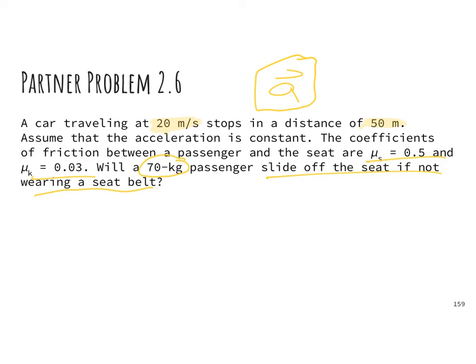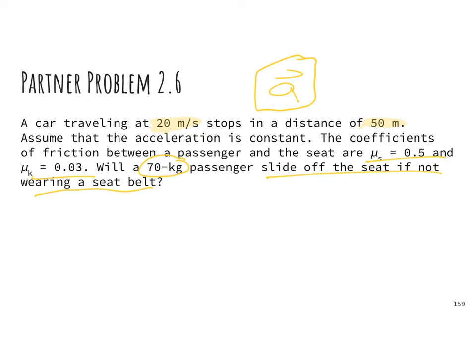The reason is an object in motion tends to stay in motion. If the car is traveling 20 meters per second, you are traveling 20 meters per second. That being said, you're sitting on a seat, and that seat also has a little bit, not much, but a little bit of prevention for you sliding forward.